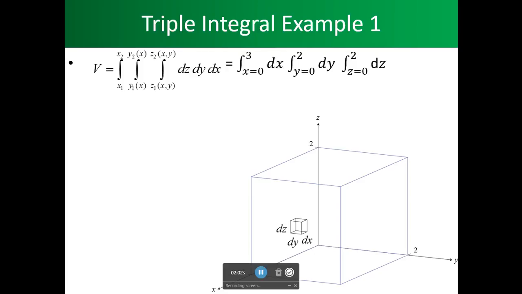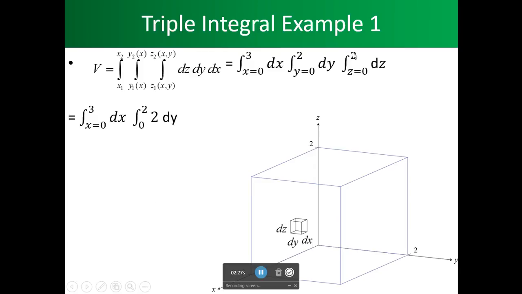So, what do we see here? The first one we do is dz, from 0 to 2, as you can see here. Then dy from 0 to 2, and dx from 0 to 3. We take the integral of dz, which is just 1, so we get z.